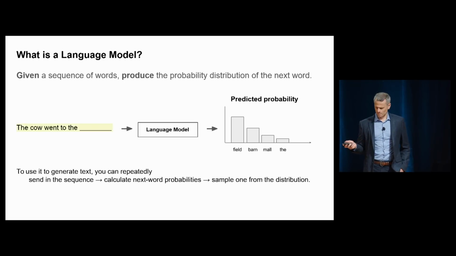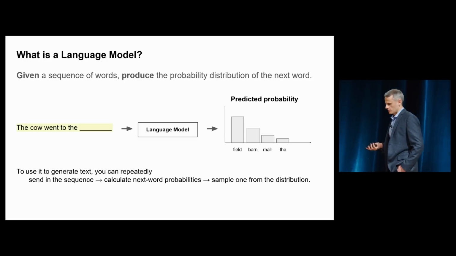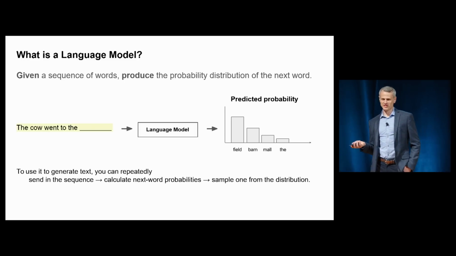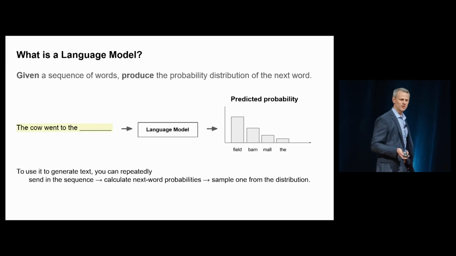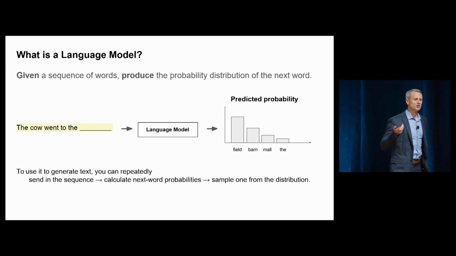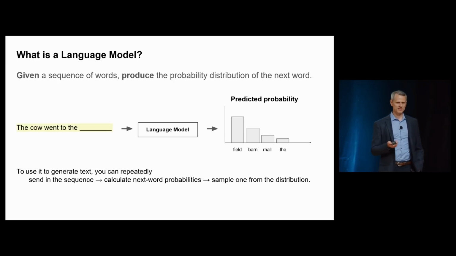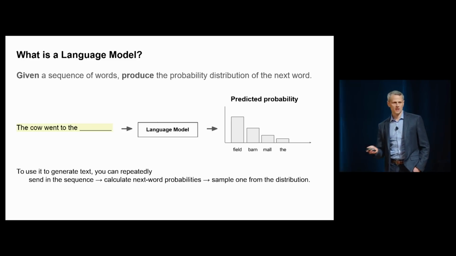So language models are not new. In fact, they're at least 75 years old. Claude Shannon spoke about language models in his seminal work on information theory in 1948. He was building language models by hand, by looking through books and tabulating relative frequencies of words. So what's changed in the last 75 years? What's special about the modern language models, which have these amazing capabilities? There are many things.